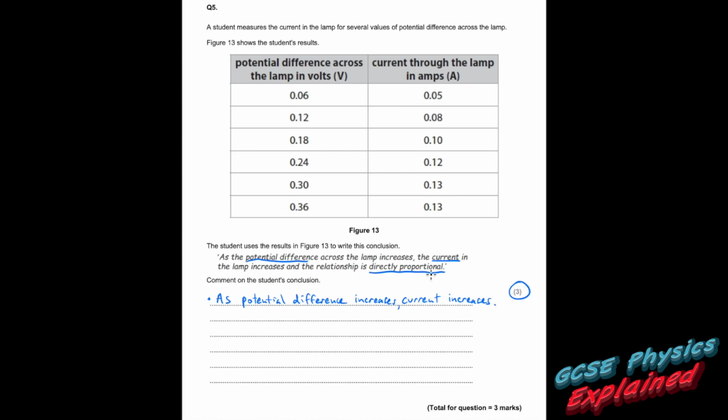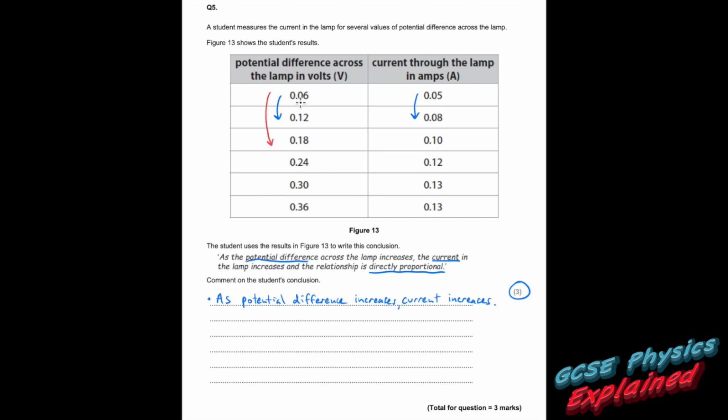Right, is it directly proportional? Well, let's have a little look. Now, you'll notice that the values very conveniently double. So 0.06 doubles to 0.12. Okay, did the current double? So it should have went from 0.05 up to 0.10. Nope, it doesn't. Let's try this one. What about if we treble it?